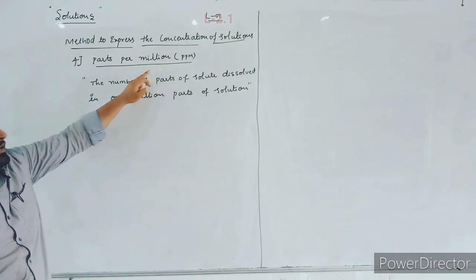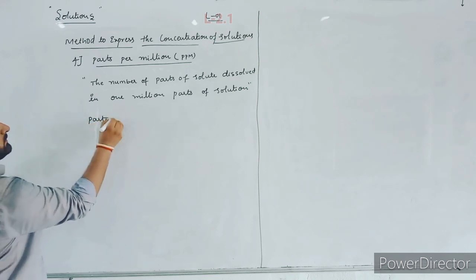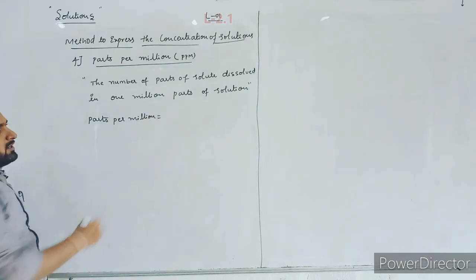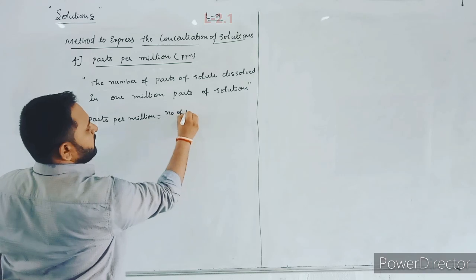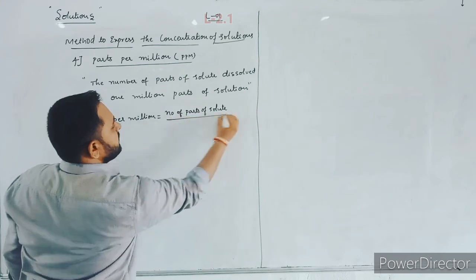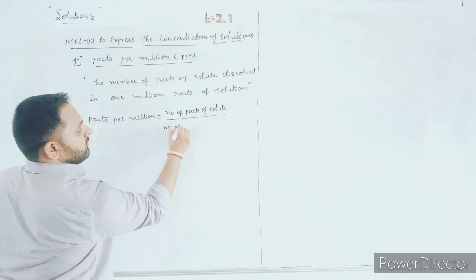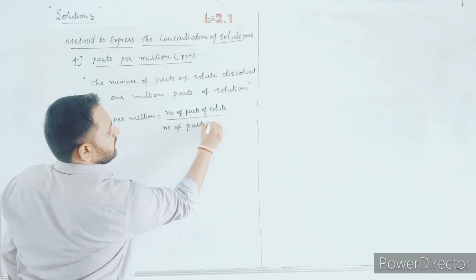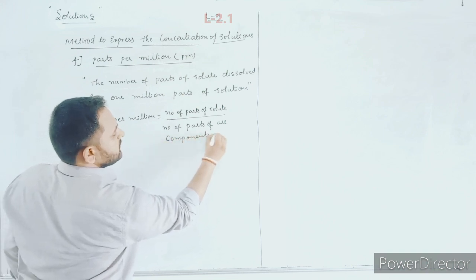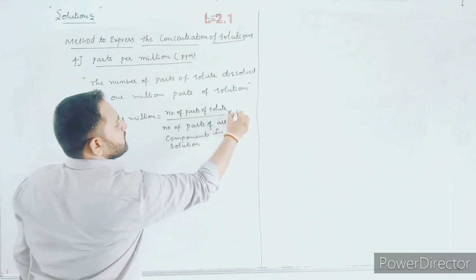Now let us write a formula to calculate the parts per million. Here the parts per million is equal to number of parts of solute, divided by number of parts of all components in the solution, into 10 power 6.